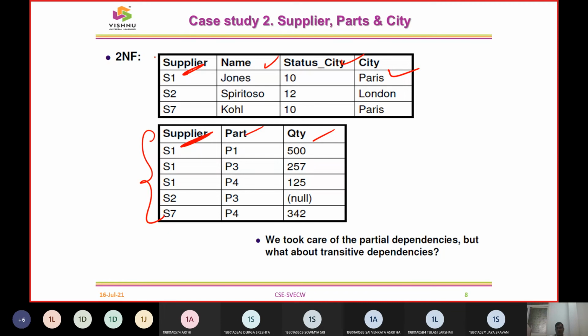So these four items are going to be bifurcated into another table. So we have taken supplier name, status city and city as table 1. Then we have another table, table 2, that is supplier, part and quantity. So these three items we are going to put into another table because they are interrelated to each other.